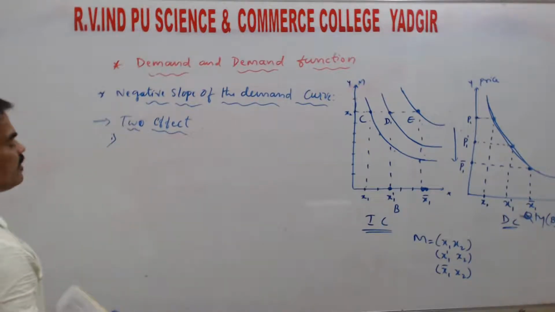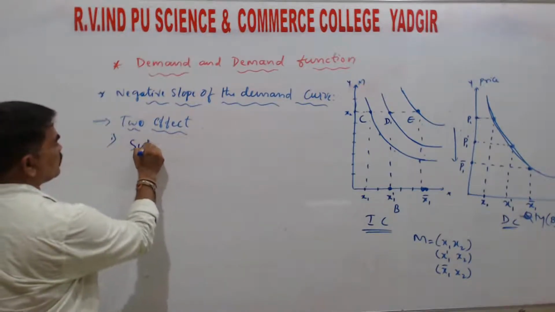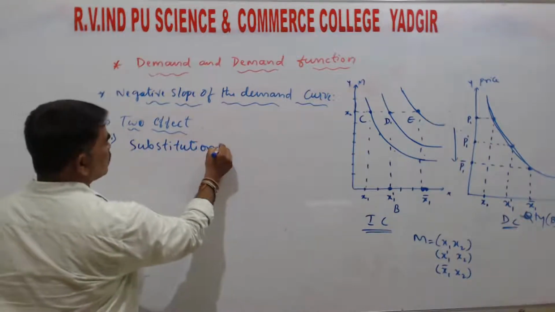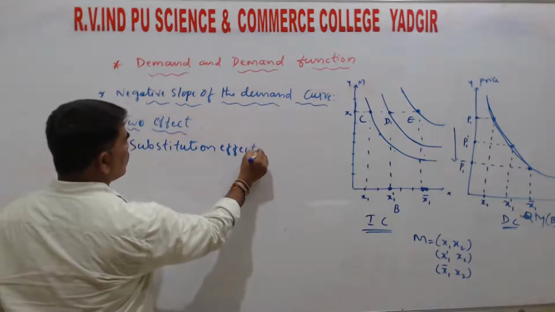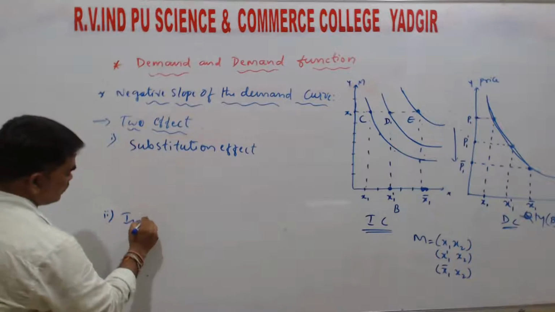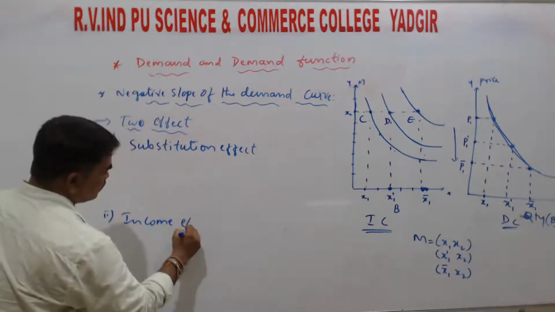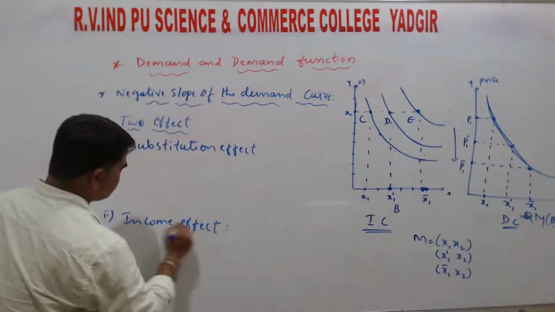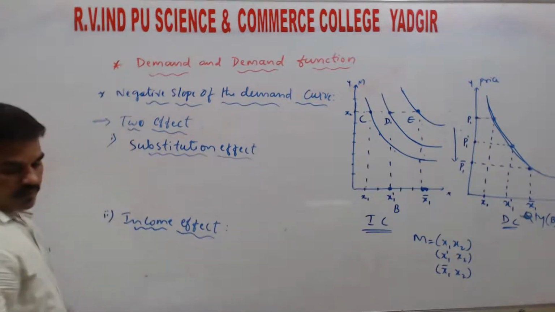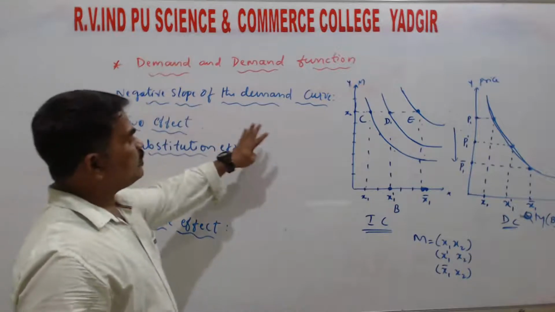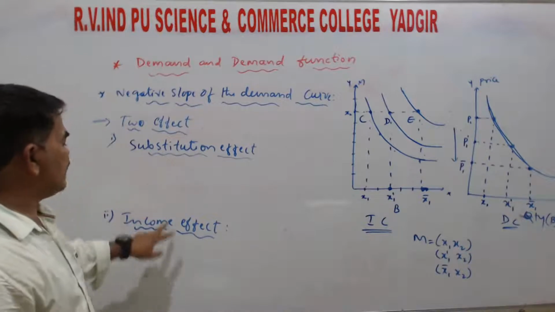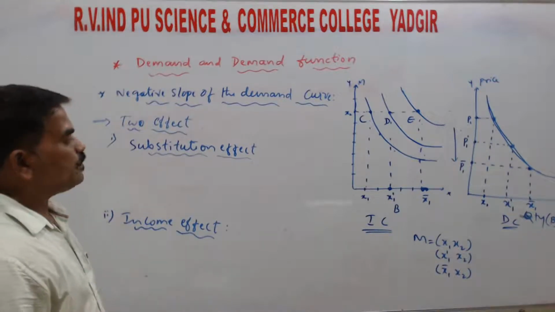One is the substitution effect, and the second one is the income effect.